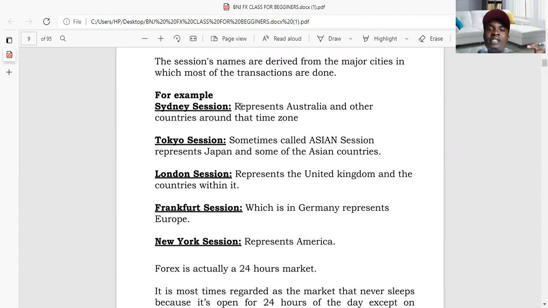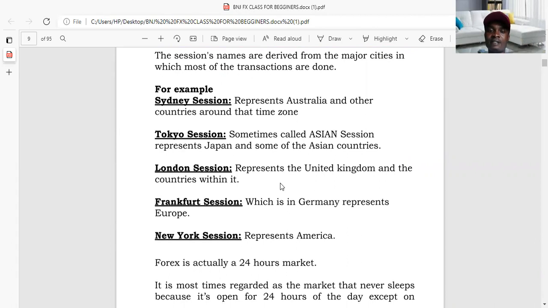So go home after this class, research on currency under the Sydney session, research on currency under the Tokyo session in that form. Submit it in our WhatsApp group before the next class.